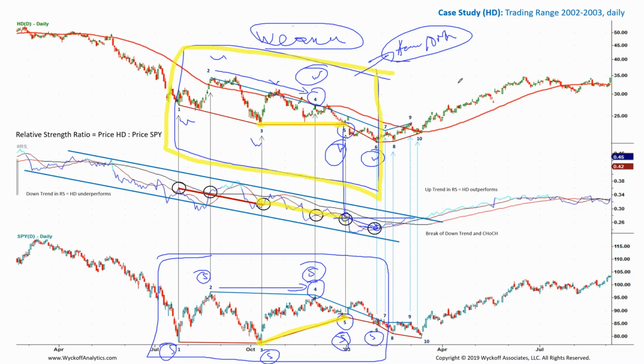Obviously from 6 to 7, Home Depot is starting to show strength finally, so now you're starting to see a shift there. But how would we be thinking about this idea, accumulation or distribution? At point number 6, are we in the accumulation or in the distribution?